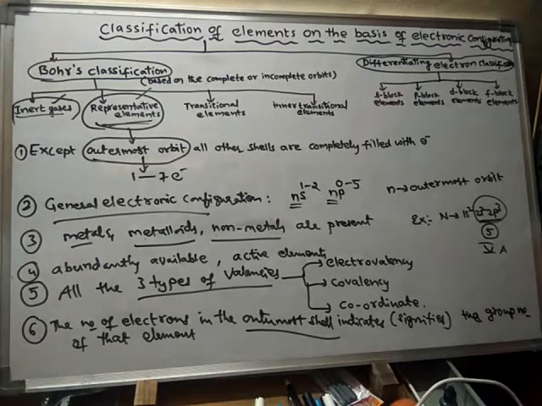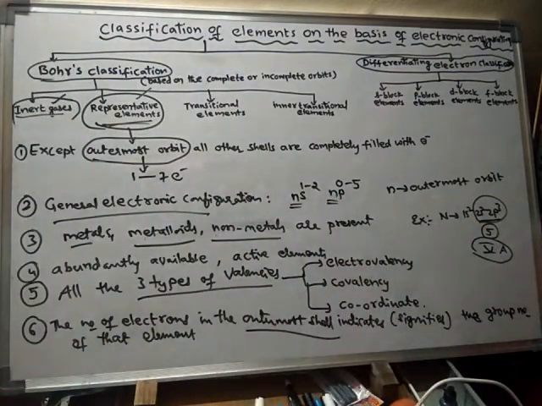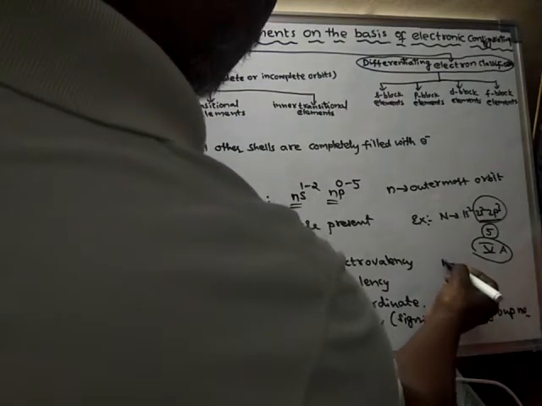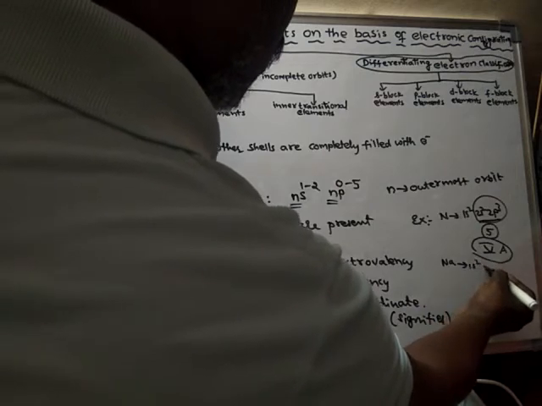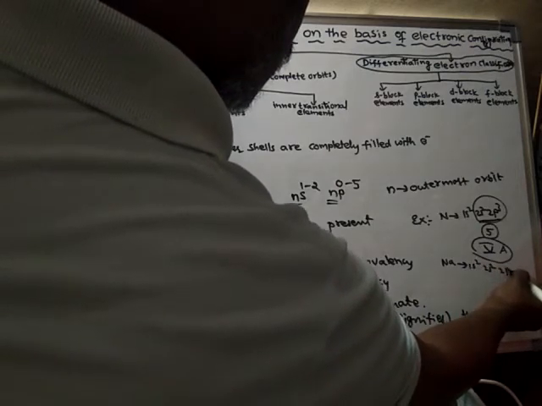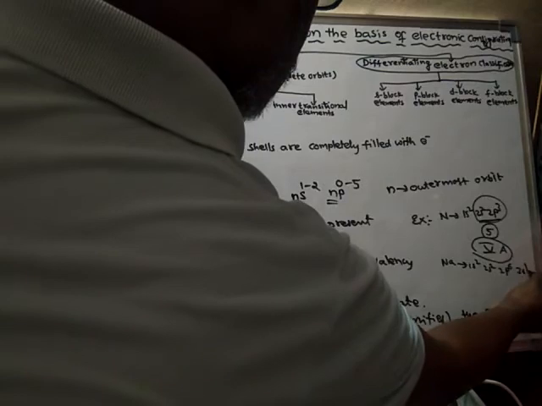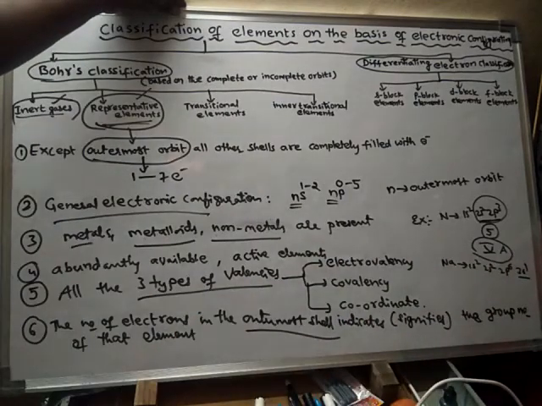So based on the number of electrons in the outermost orbit, we can tell the group to which that element belongs. Suppose you take sodium, 1s2, 2s2, 2p6, 3s1. The outermost orbit contains only one electron.